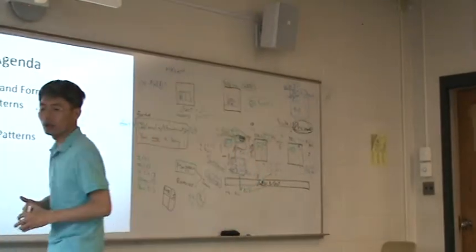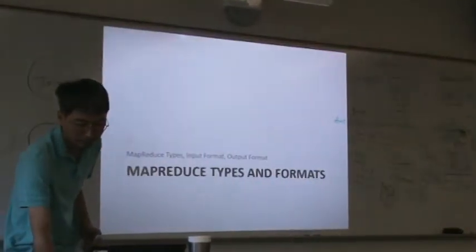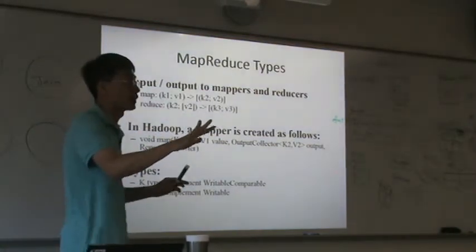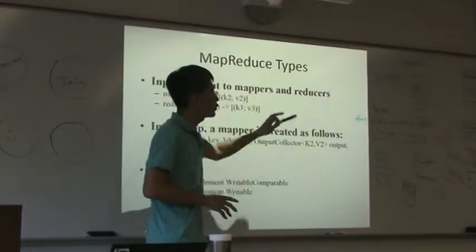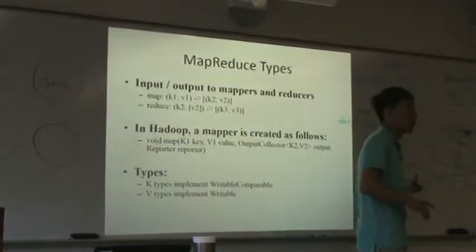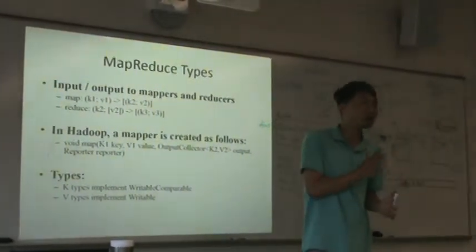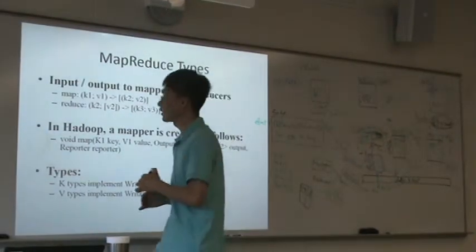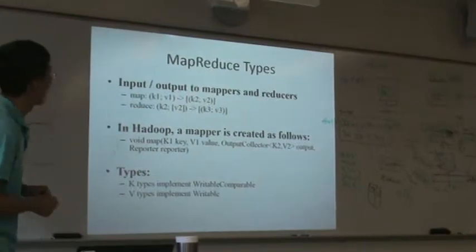Okay? So before that, I'd like to explain again the map reduce input and output types. That is the first hurdle, the first difficulty when you start a map reduce project. What is the input and what is the output?